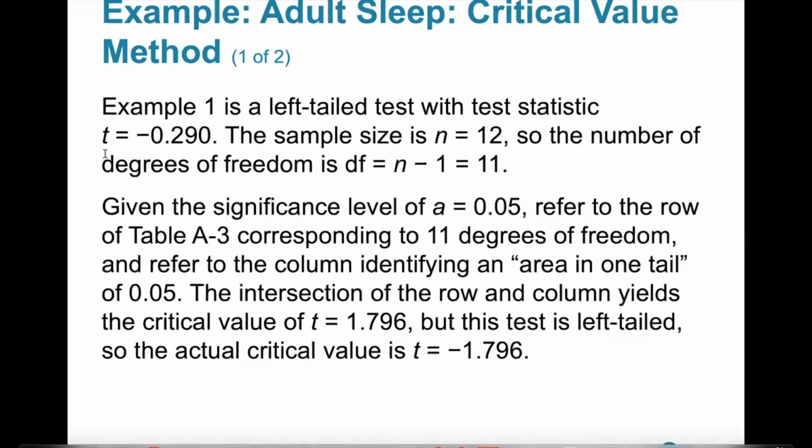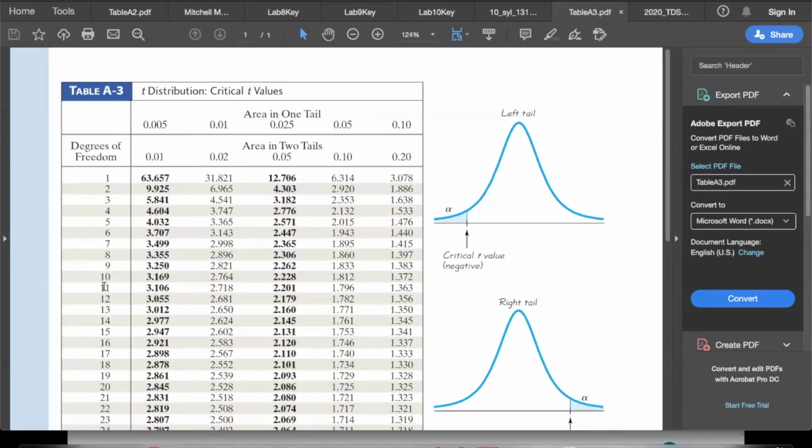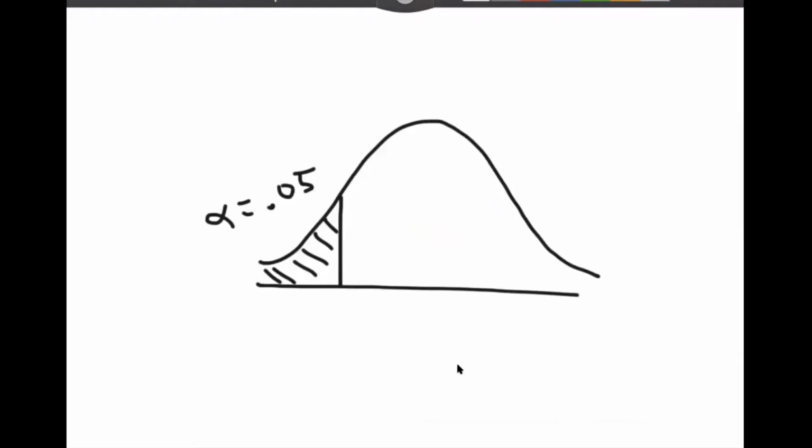We're going to go to degrees of freedom equals 11, and then go to the column that says area in one tail 0.05. Where that row and that column meet, I see 1.796. What that means is that this t-value right here is negative 1.796.